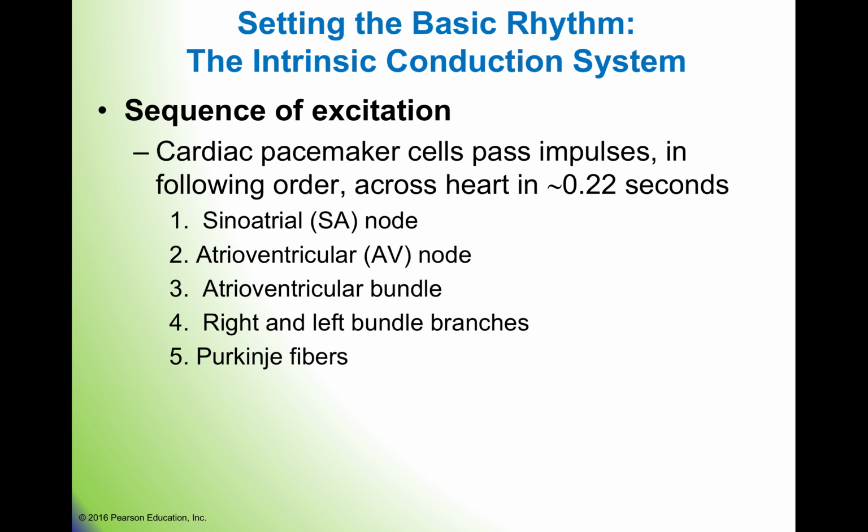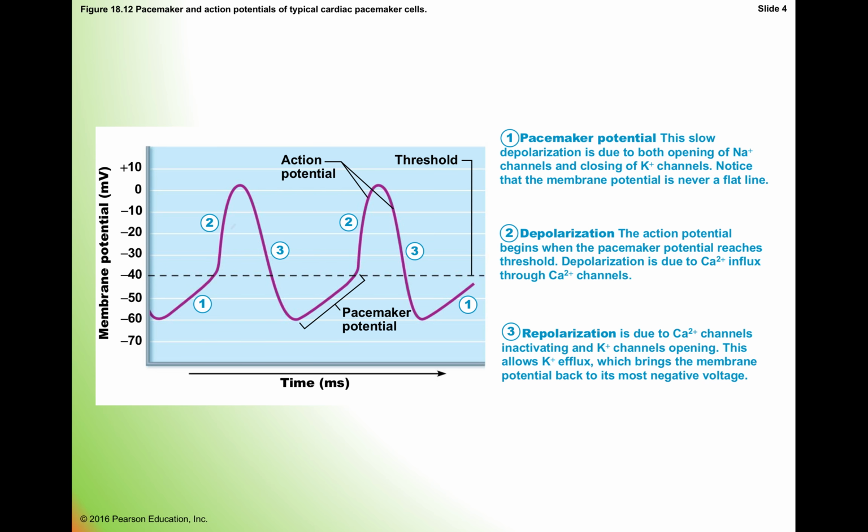So hi everybody. We are continuing with the electrical impulses that are created within your heart. We discussed previously the three steps that are involved in creating the action potential within your non-contractile cells, and the three steps were pacemaker potential, which is relying on sodium influx.